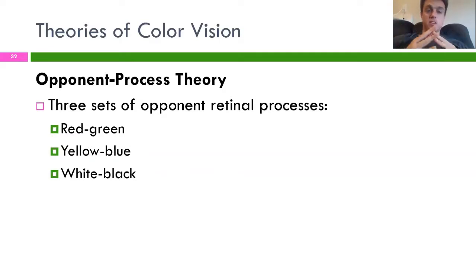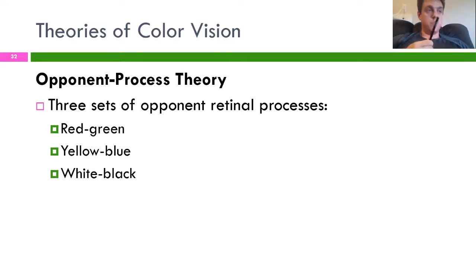And that's why purple looks like a combination of red and blue. Whereas red and green work in the same channel. So they can't really both be active at the same time, okay? So that's why yellow looks like its own color, not so much a combination of red and green.